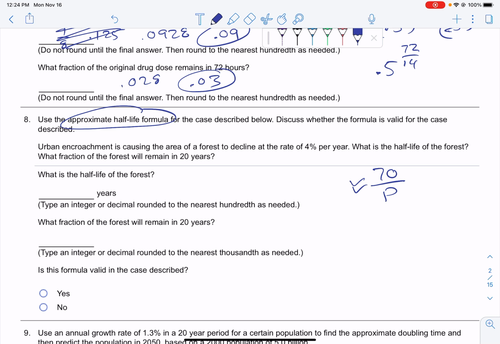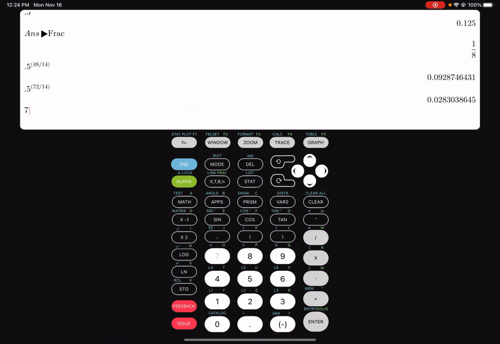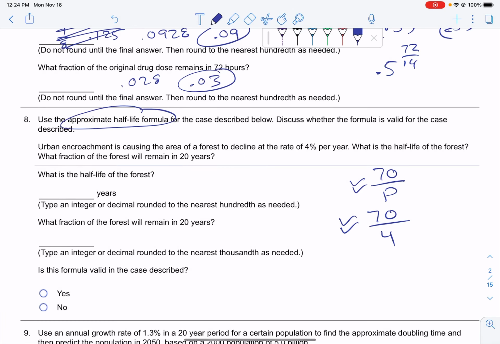What is the half-life? So we estimate that it's approximately 70 divided by 4. So I would say 70 divided by 4 is 17 and a half. So I would say that it's about 17 and a half years.